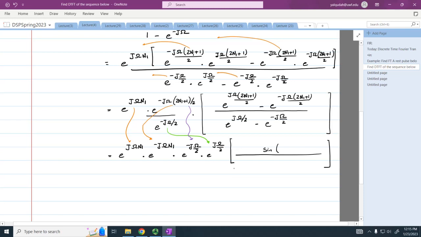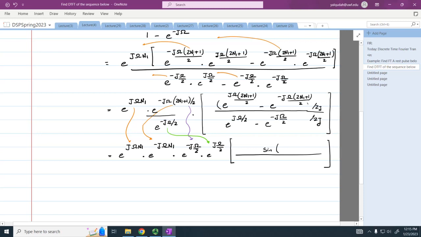Now if I look at this, what does this look like? A sine. What does this look like? A sine. What does it need? A 2j and 2j. So I'm going to divide by 2j and divide by 2j. I did not change anything. But now the whole thing over 2j.